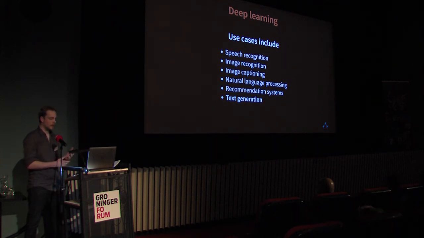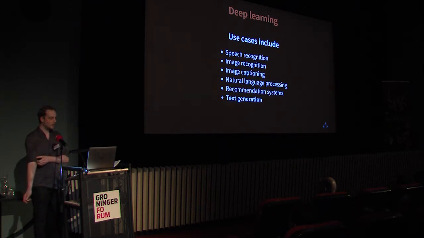That can also be done with neural networks. And finally, text generation. This is actually something I'm going to show you how to do with TensorFlow, because I'll show you why.